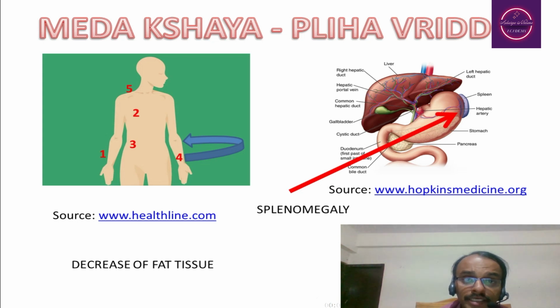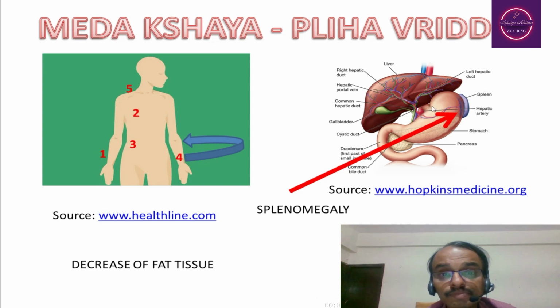So that means it comes into the blood circulation, and from there, where will it go? It will go to the liver. When it goes into the liver, more and more fat accumulation takes place in the liver. So there will be fatty liver formation, or fatty degeneration.